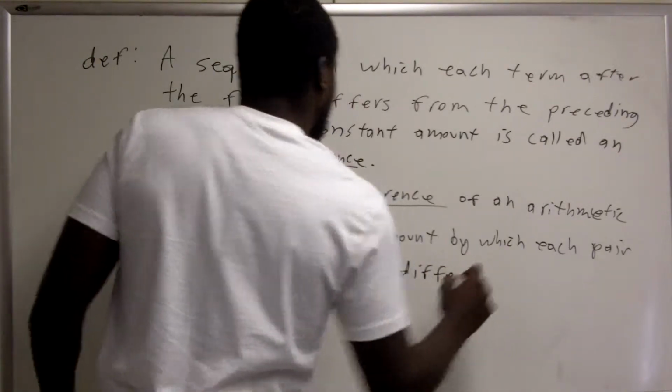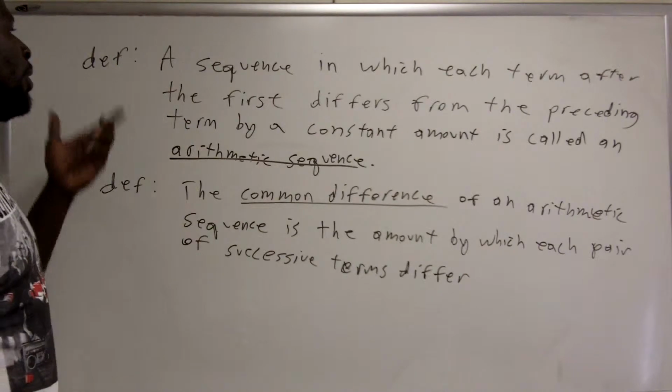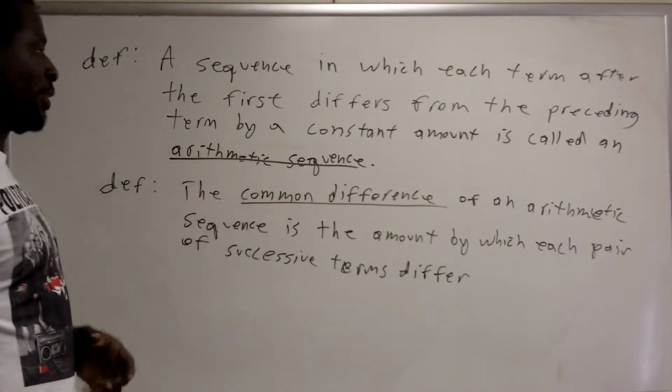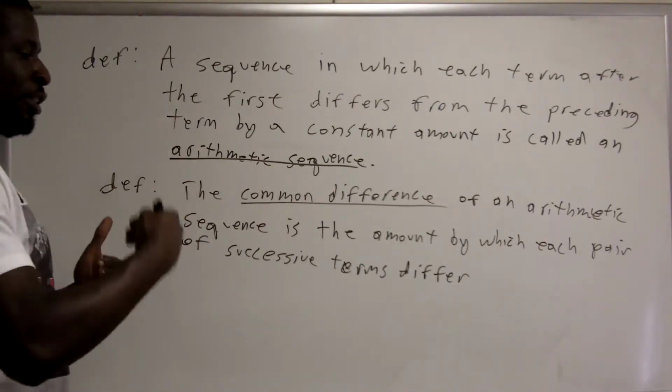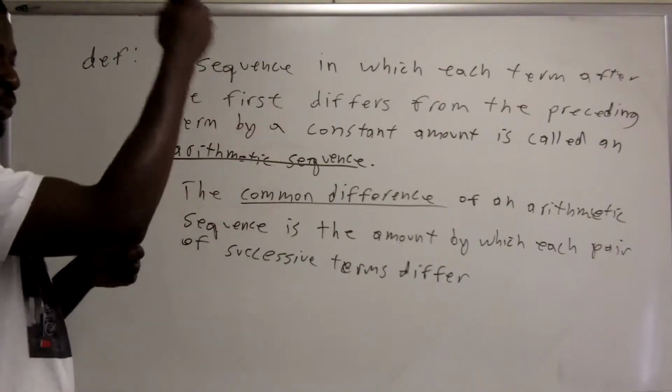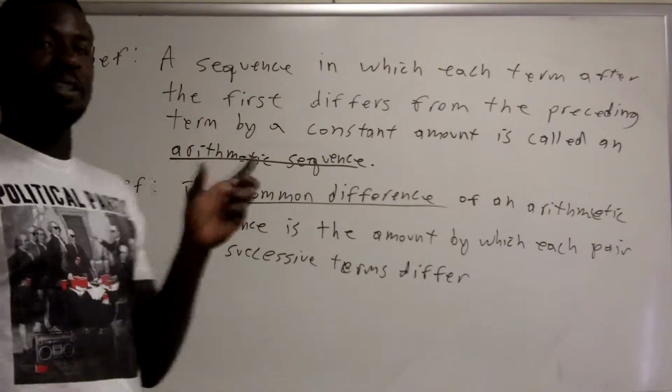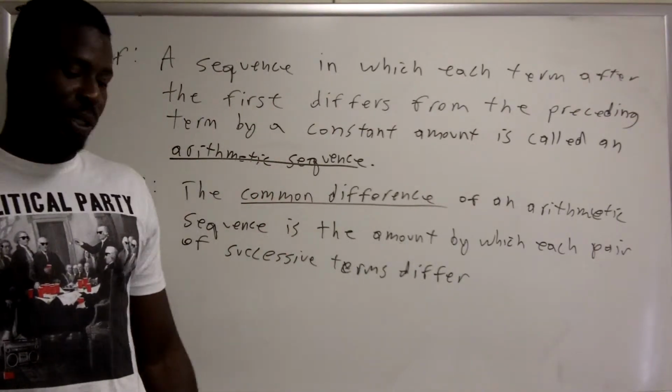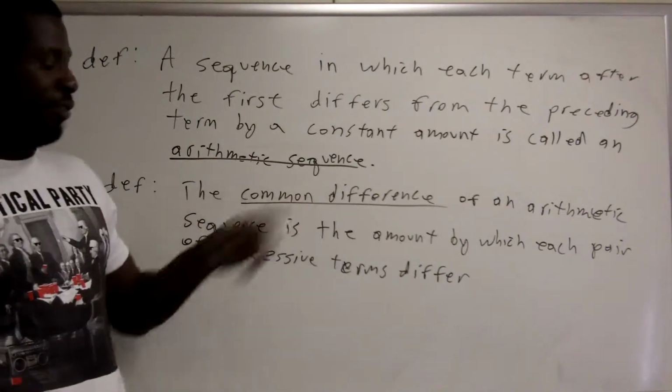So when we're talking about an arithmetic sequence, each term after the first term is going to differ from the previous term by a constant amount. That constant amount is going to be called the common difference.